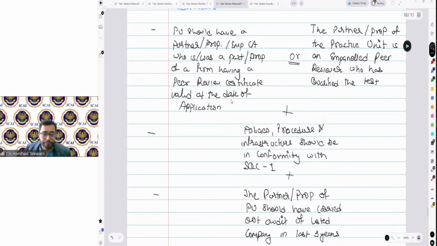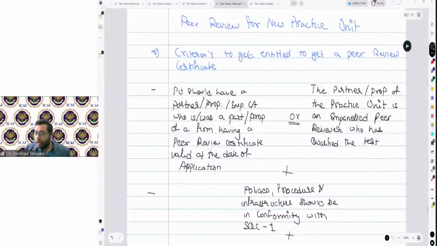Very important topic. You might have already seen the audit paper of yesterday. I'll say it's a very important topic, so don't think that it will be of less marks or something like that. I'll request you to focus.